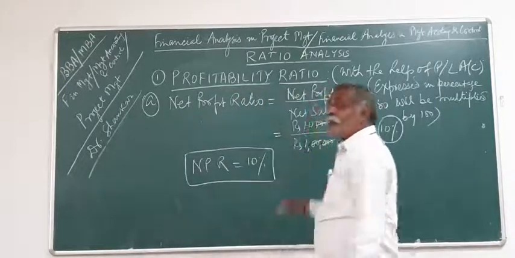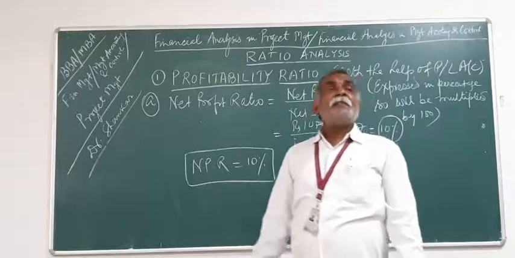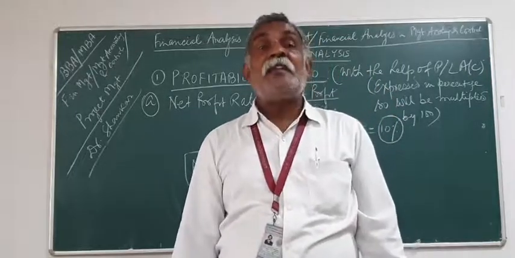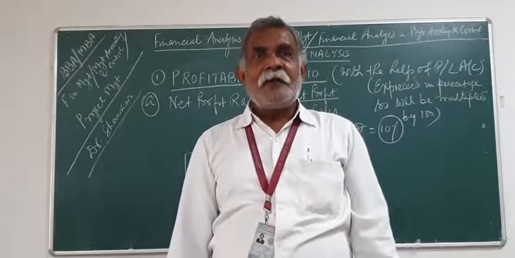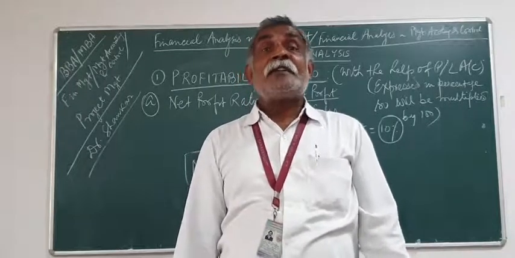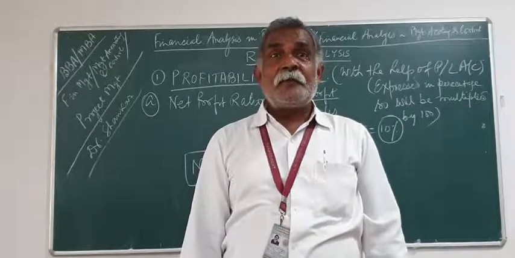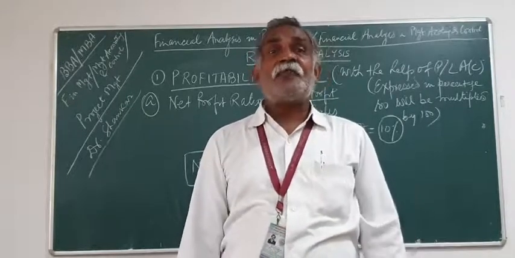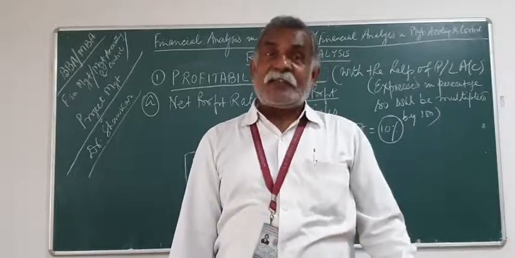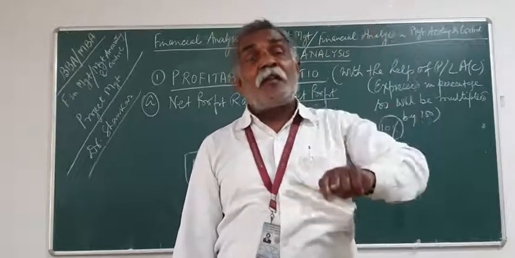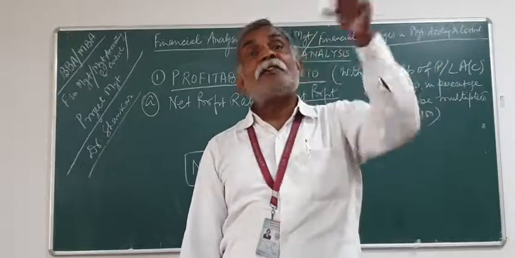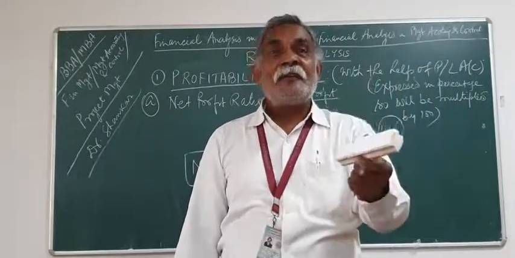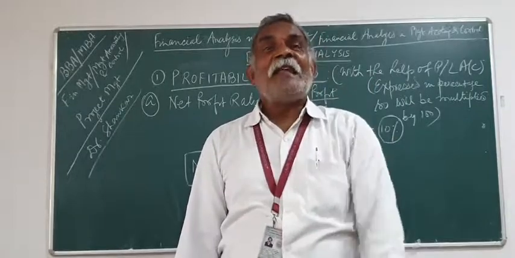Now you see, 10% of 1 lakh is how much? 10% of 1 lakh is 10,000. 20% of 1 lakh is 20,000. 30% of 1 lakh is 30,000. 90% of 1 lakh is 90,000. 100% of 1 lakh is 1 lakh. So 10% of 1 lakh is 10,000.